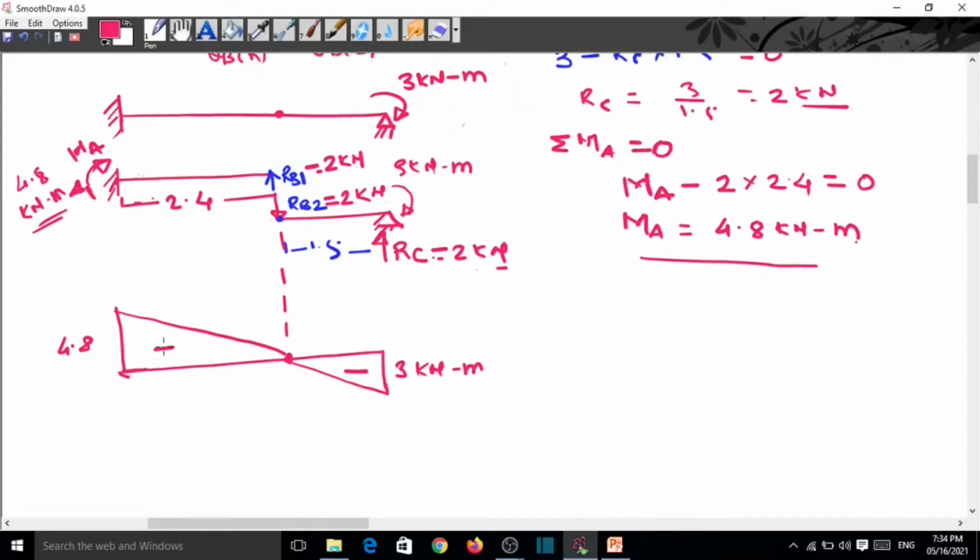So this is positive. Now divide by EI, so that becomes the M by EI diagram, and this we apply on the conjugate beam later. So this is the M by EI diagram for the moment part only.